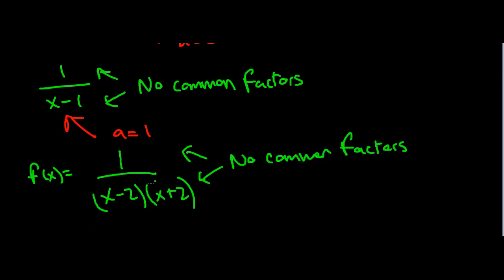So this is in lowest terms, so what a values are going to give us 0 in the denominator? Well, 2 and minus 2. So we would have vertical asymptotes at a equal to 2 and a equal to minus 2. So vertical lines at 2 and minus 2 which the graph cannot cross.